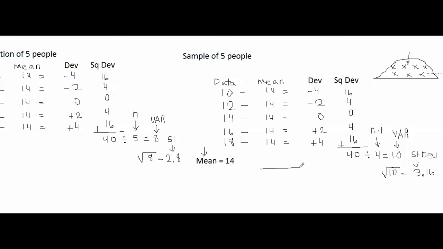So you can think of it this way. If I repeated my study over and over again, and I kept calculating the mean of each sample, in other words, if I kept taking more and more samples from a population, and each time I take a sample I calculate the sample mean, what's going to happen is some of those sample means will come out too low and underestimate the population mean.